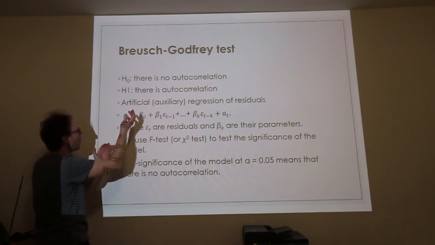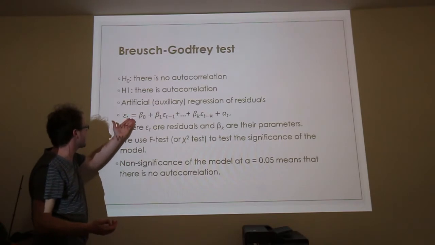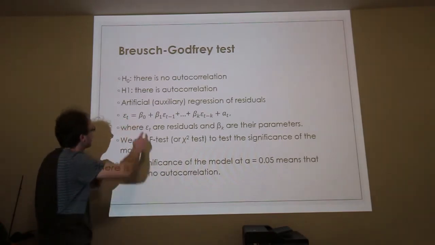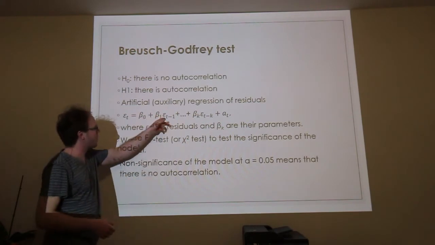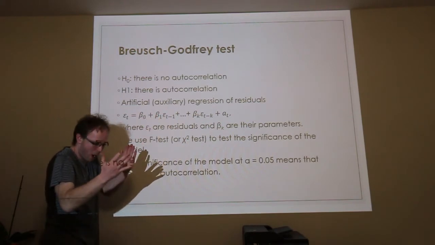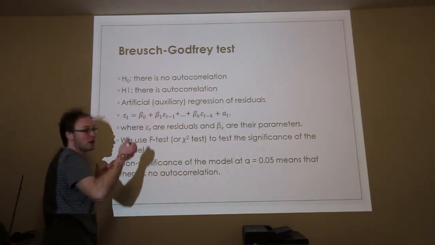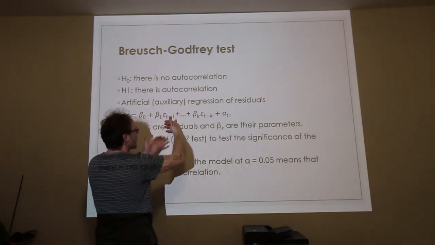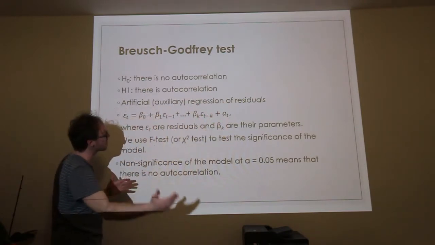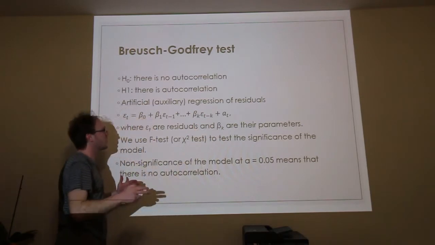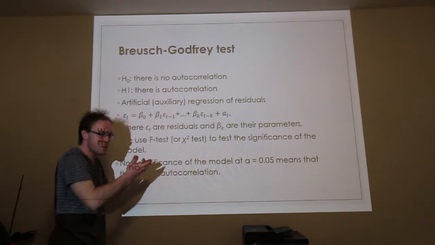Epsilon, the residuum in time t, is estimated as a parameter of intercept plus beta 1 times the residuum in time t minus 1. This is the basic type, but we can extend this model by other parameters and other lagged values of the residual time series.